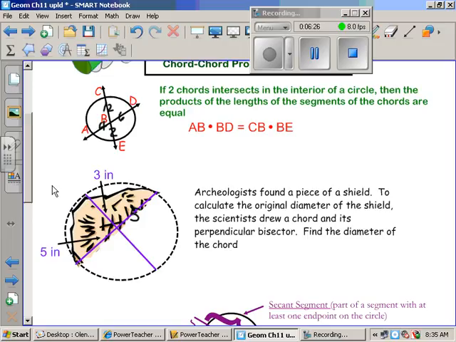So now all they have to do is find that piece, and that will give them the actual diameter. Does that make sense, everybody? Okay? So using the chord theorem we just learned, 5 times 5 should equal 3 times x. So I get 25 is equal to 3x, and x is 8 1/3.